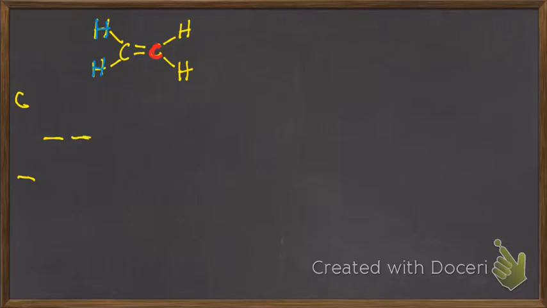We have 1, 2, and then where did the last 2 go? Px and Py. Once again, this is only the valence electrons, so this would be 2s2, 2p2, which technically is a 2px and 2py.